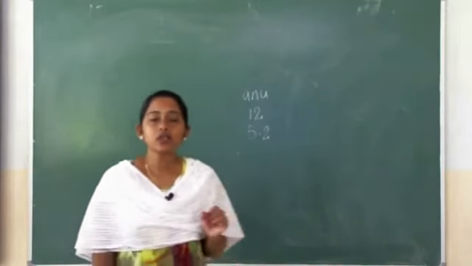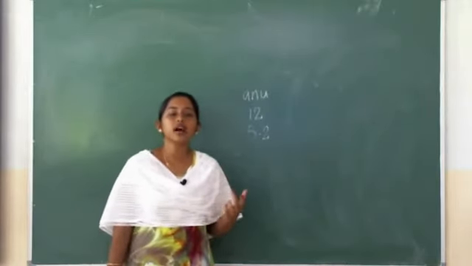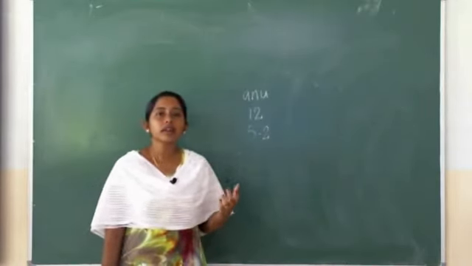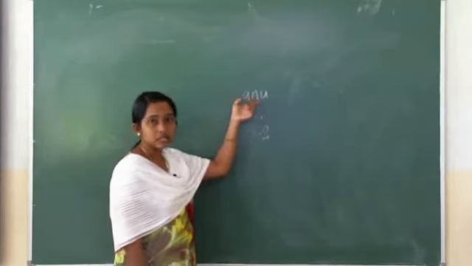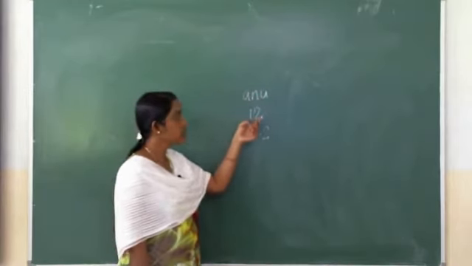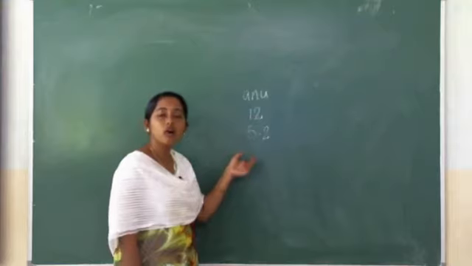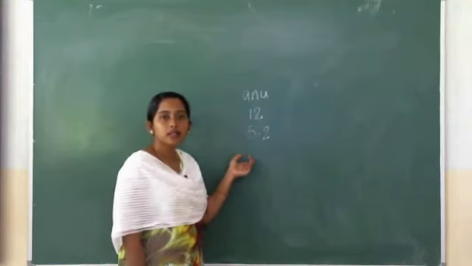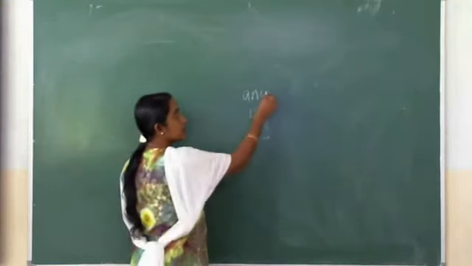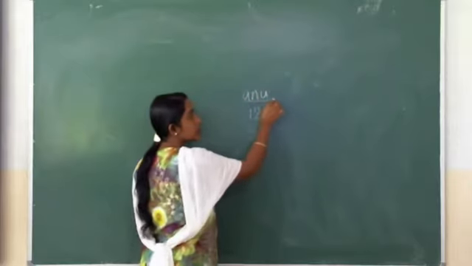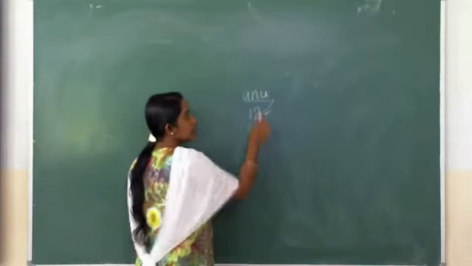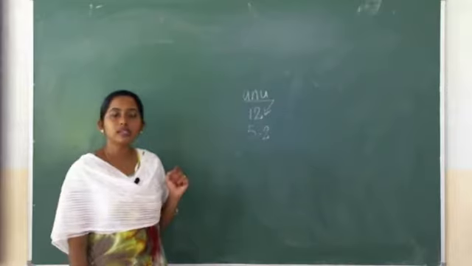In such situations, how can the system identify whether it is a character or a string literal, an integer literal or a real literal? Can I multiply a string literal with an integer literal? It's not possible.